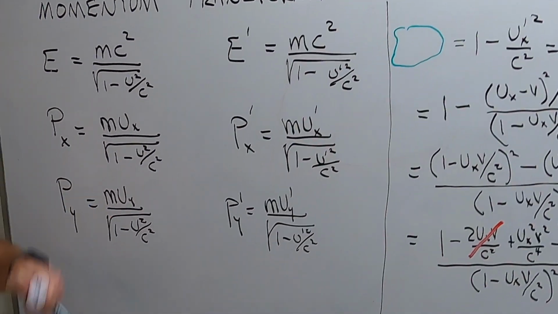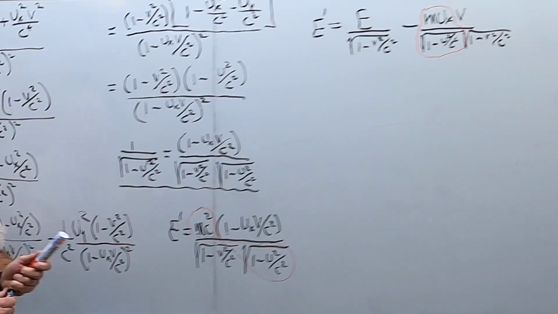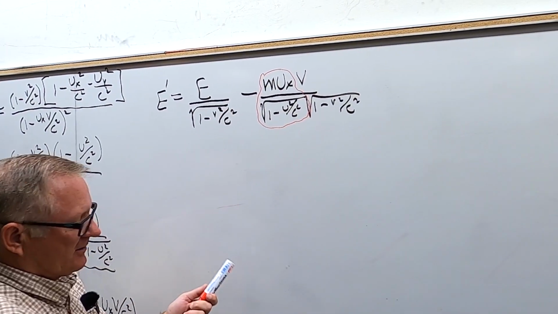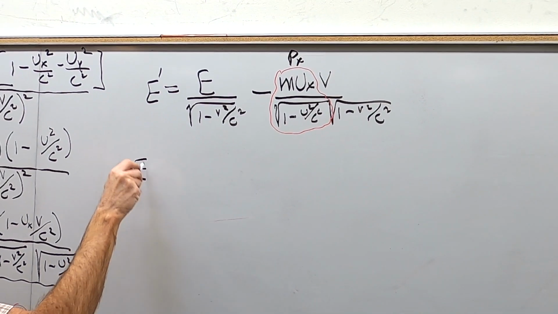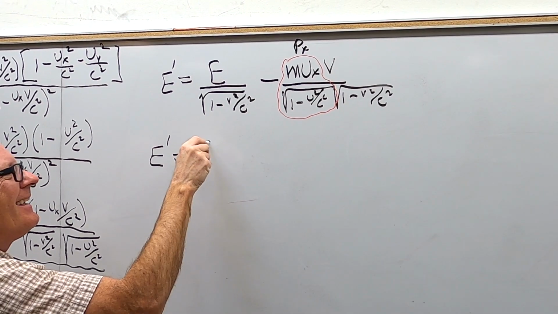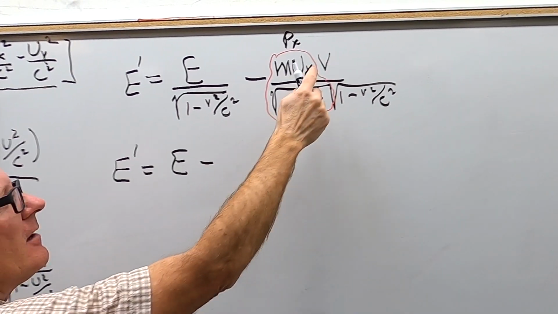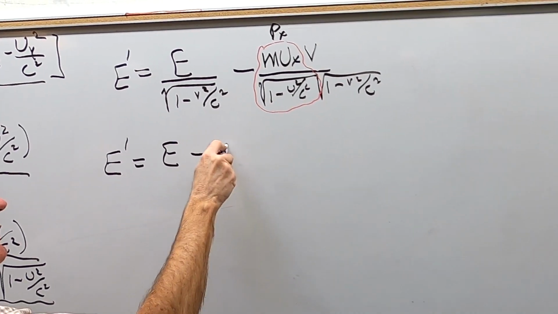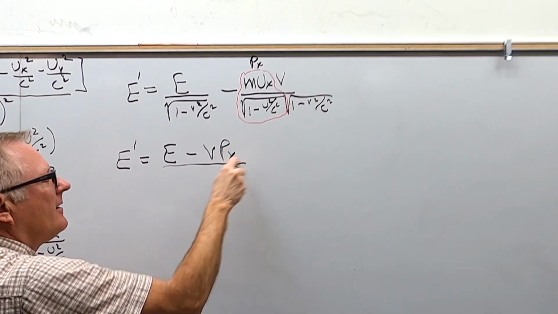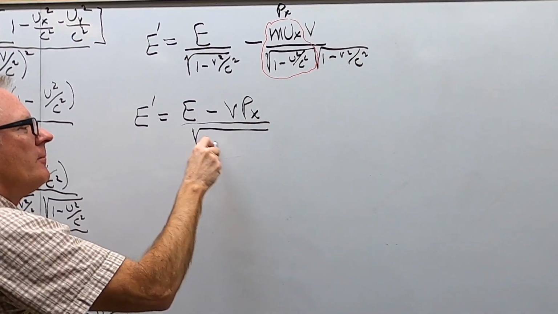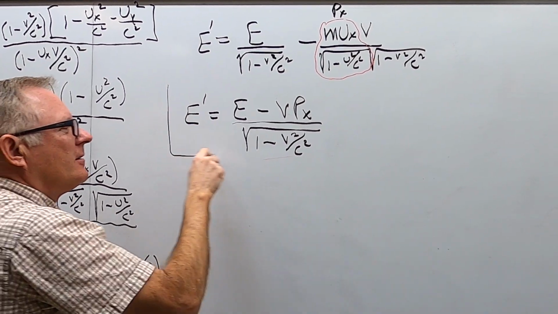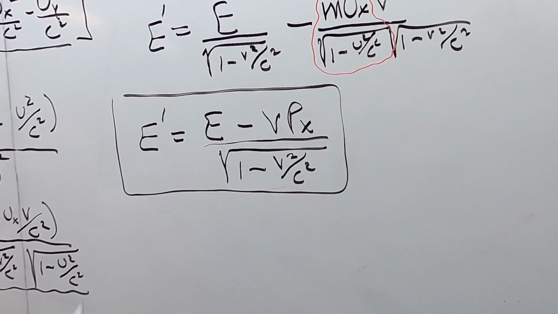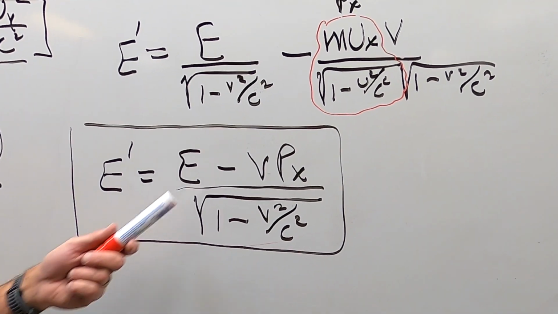You remember we said momentum in the x was mux over the square root of 1 minus u squared over c squared. So that's just px. This in the red is just px. So we can say that E prime is equal to E minus v times px, all divided by the square root of 1 minus v squared over c squared. So there is your total energy transformation from one frame from Frank to Mary.